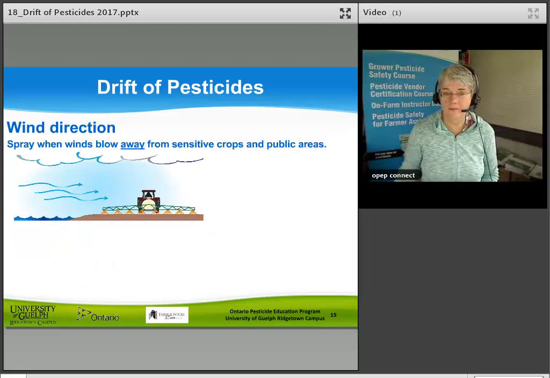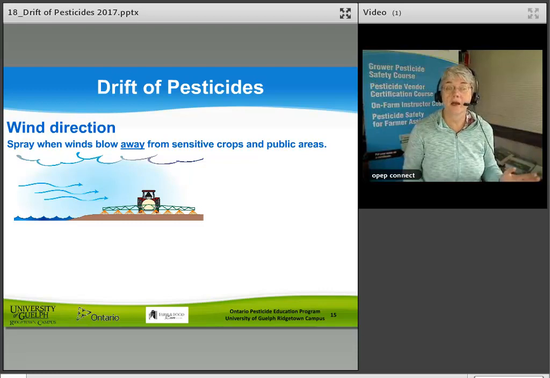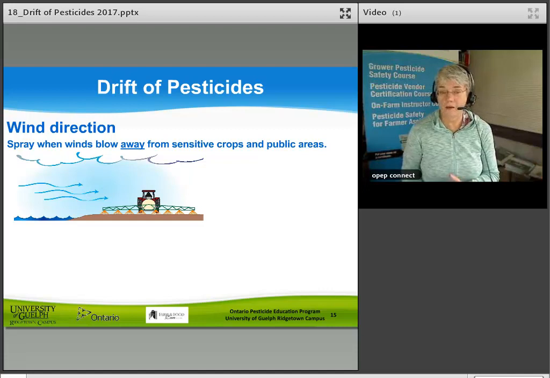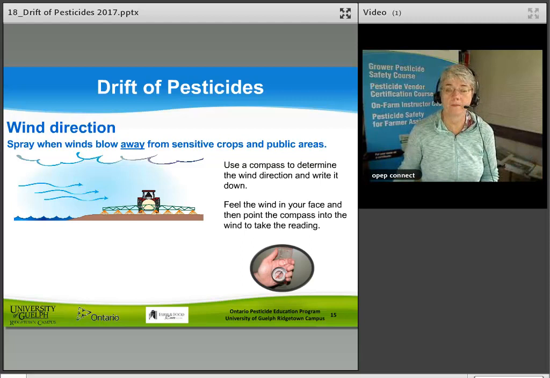Wind direction. Spray when winds blow away from sensitive crops and public areas. In this case, on the diagram here, we have wind coming off the lake, off the creek, and it's blowing this way, away, so you know any drift that would happen would be drift blowing away from the sensitive area.